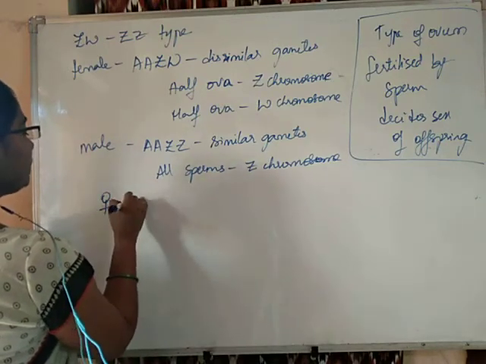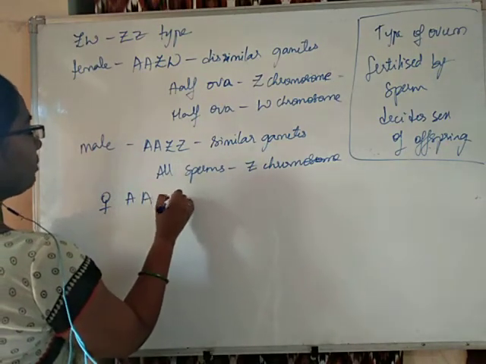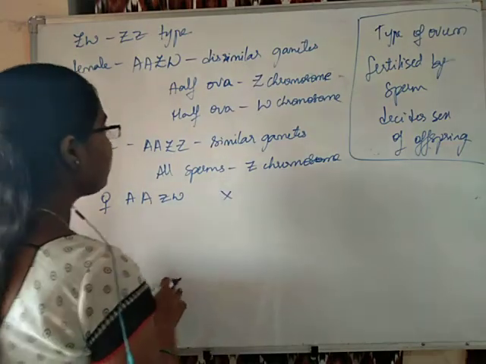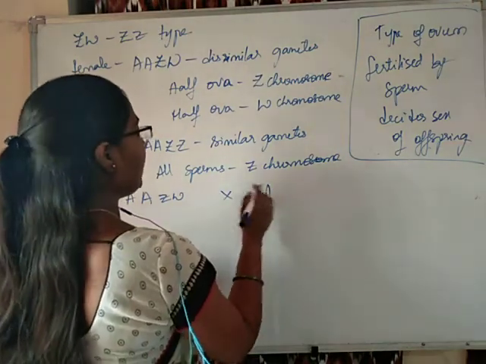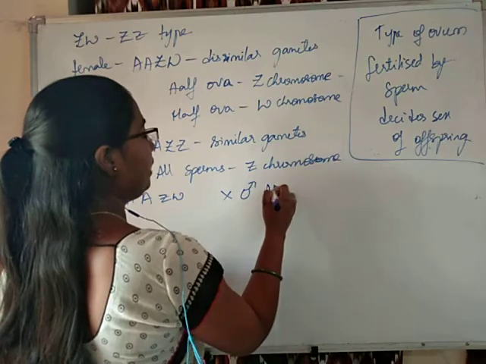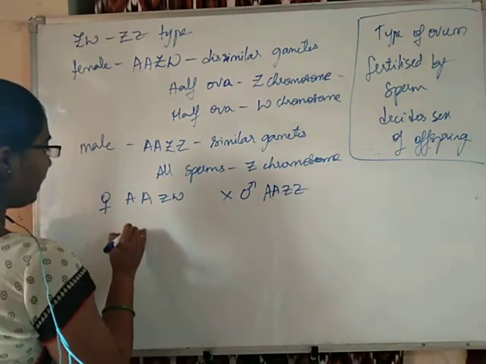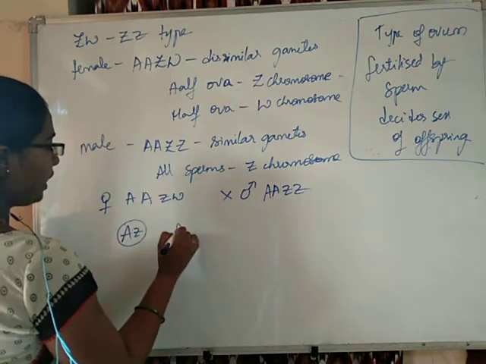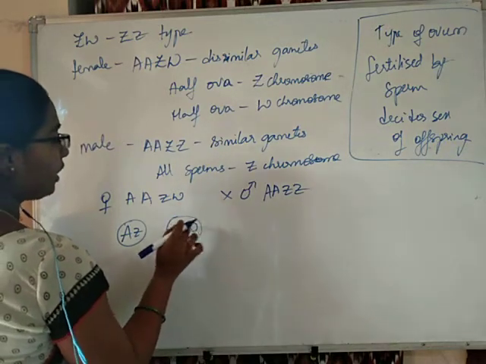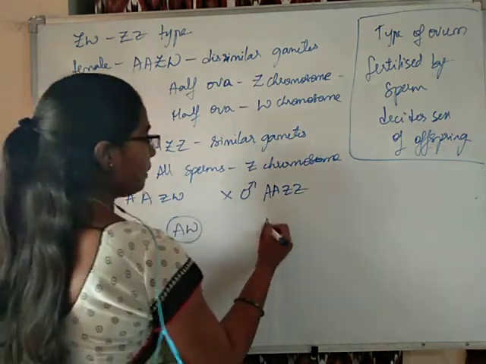A female who is AAZW is crossed with a male who is AAZZ. The types of gametes from the female will be AZ and AW. The type of gametes from the male will be AZ.